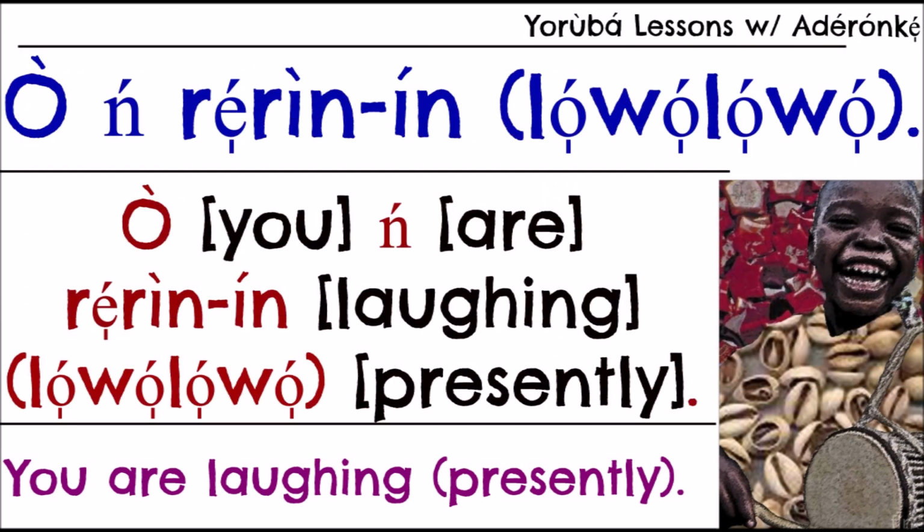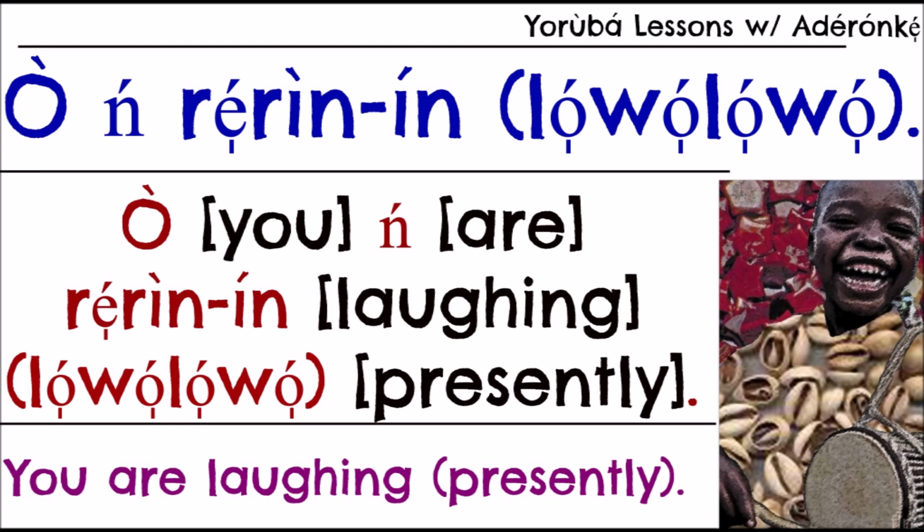The next one that I have here, following the pattern that I used for I, is onrerin lowo lowo. You could say onrerin lowo. Like I mentioned earlier, you can absolutely remove the lowo lowo. It would still mean the same thing. O is you.